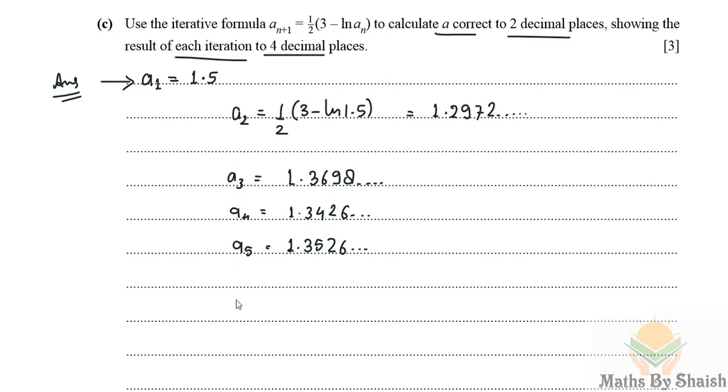So we can take the answer correct to 2 decimal places of a as 1.35. We can even check one more value, the a6 iteration, which is going to be 1.3489 and so on. From here it is very clear that till 2 decimal places it would be 1.35.